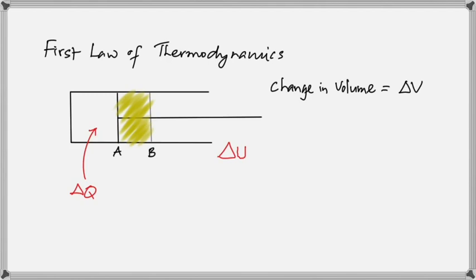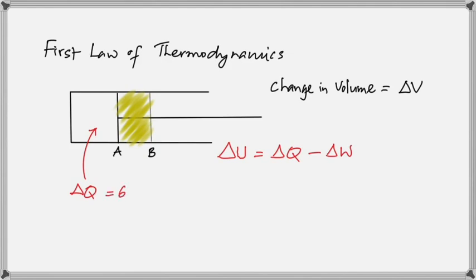So delta Q is the amount of heat entering, out of which delta U is the quantity of energy used to increase the internal energy, and then there is another part used to do work.